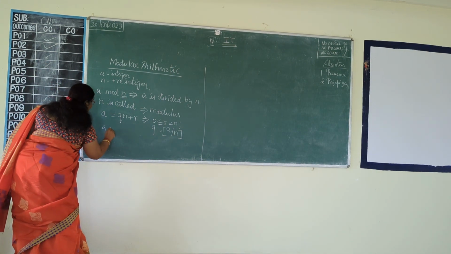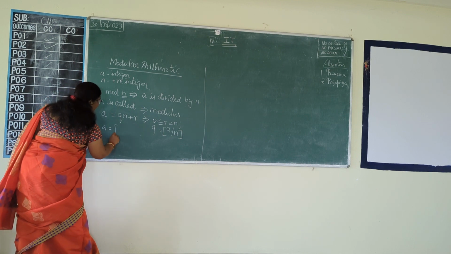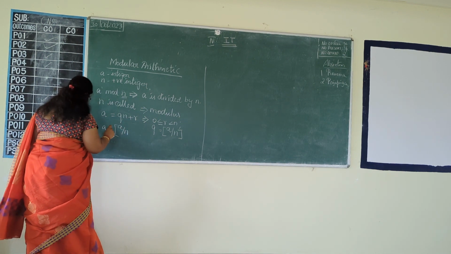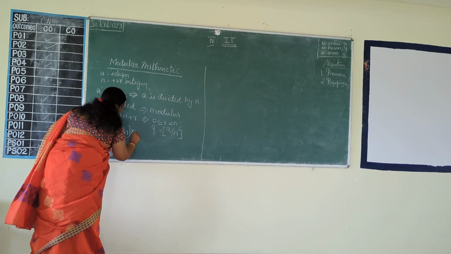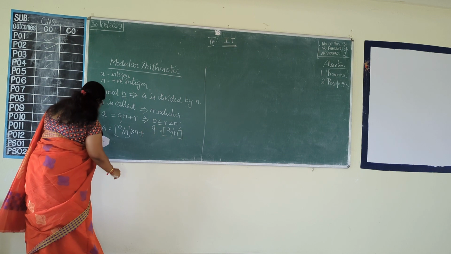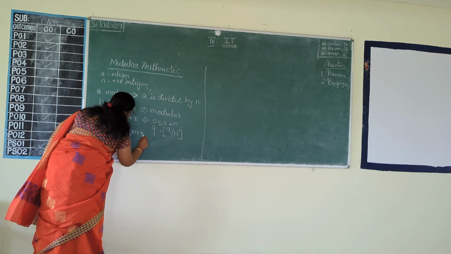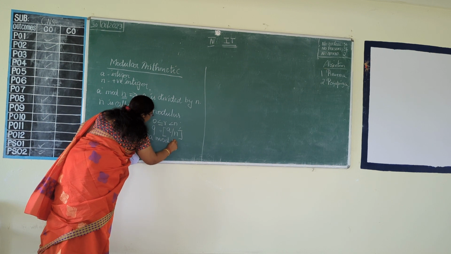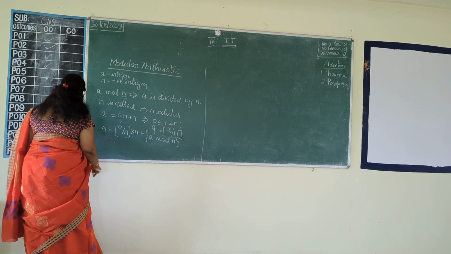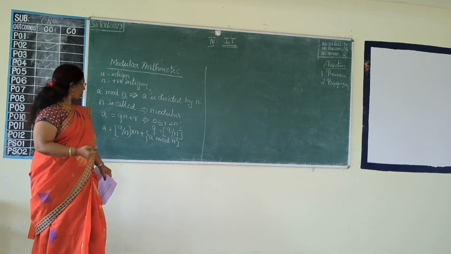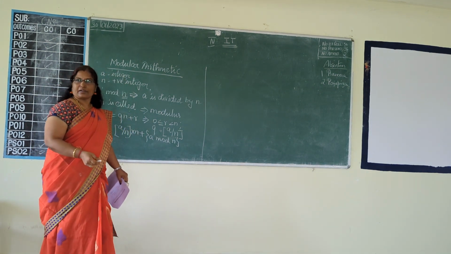This again can be written as A is equal to, Q replaced by A by n, into n, plus this R, which is nothing but A mod n, or the remainder.